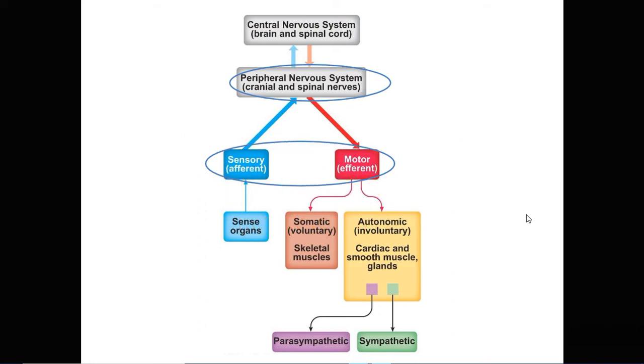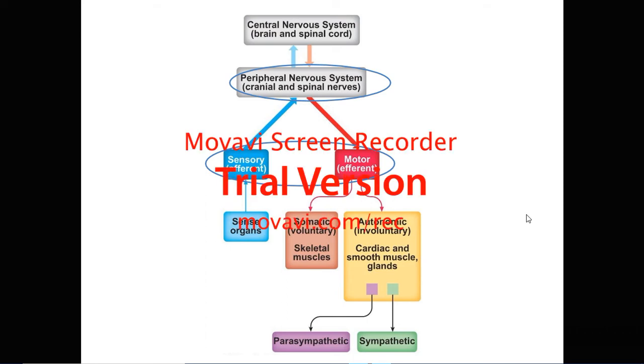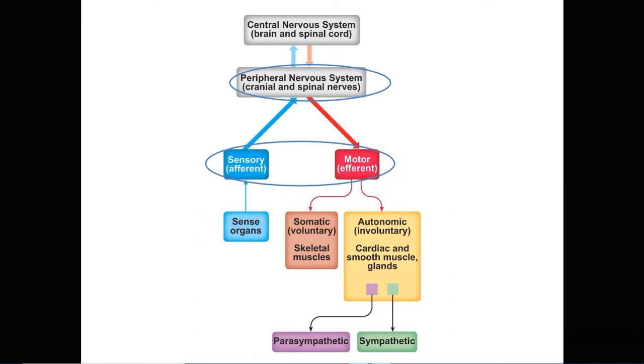Sometimes the parasympathetic is referred to as the rest and digest system. It calms down everything after the danger or the fight or flight is gone. The parasympathetic is going to restore everything back to the rest and digest functions.